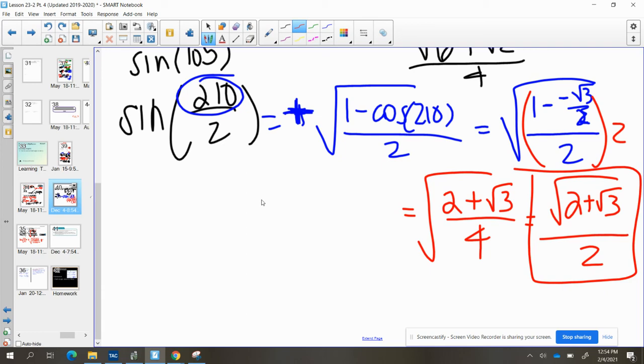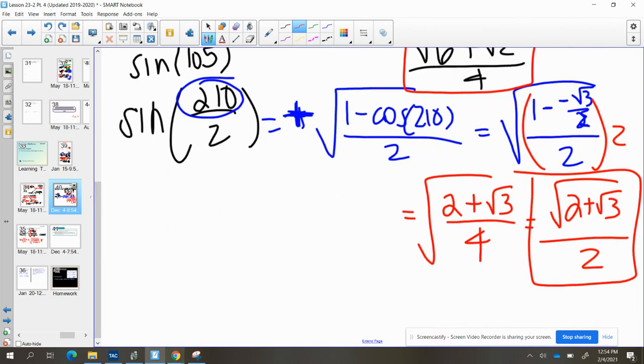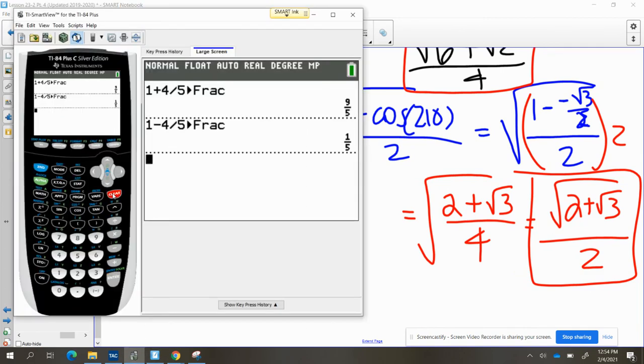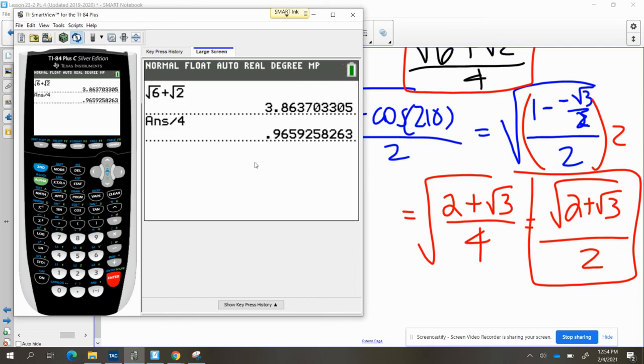Okay, so 105 is basically found two different ways, right? We have two answers here for that, one using sum and difference, one using half angle. Now, one thing we're going to notice here is that the values are actually equivalent, right? Square root of 6 plus the square root of 2 all divided by 4 is the same decimal approximation as square root of 2 plus square root of 3 divided by 2.